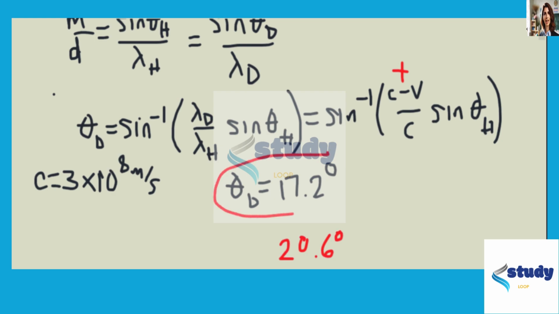But I believe this one's correct because the light is moving away from Earth. If we're on Earth and the light is moving away from Earth, then the relative velocity would be slightly less.